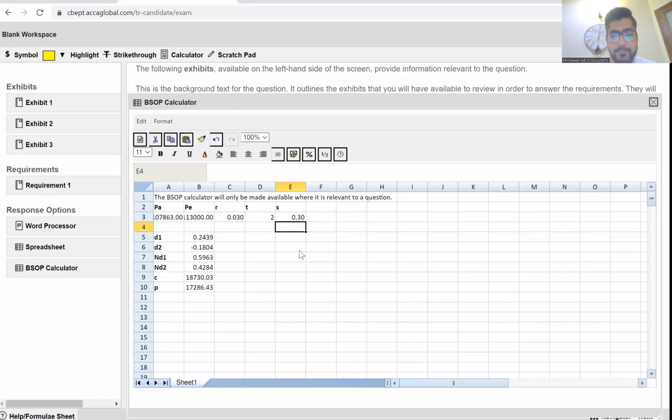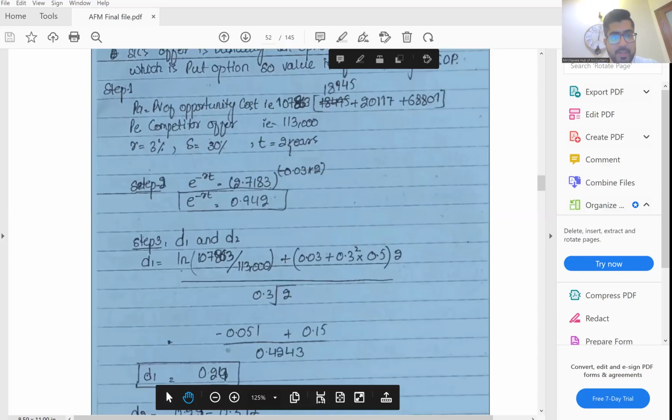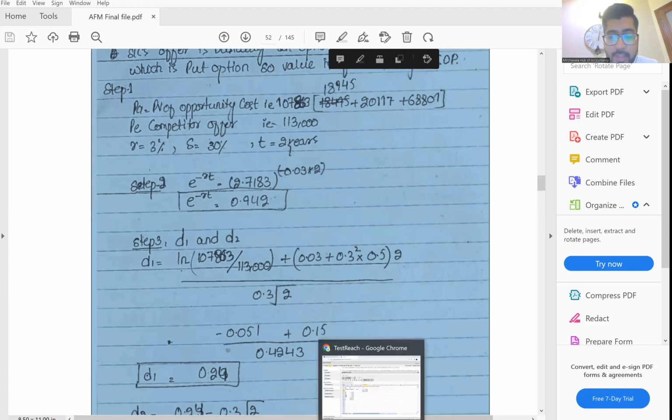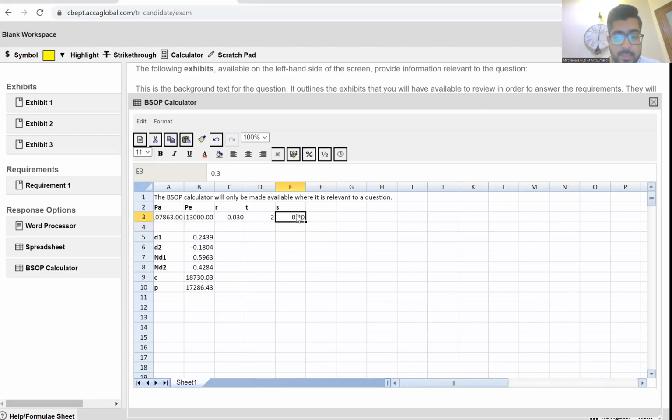Okay. Enter. Now you see, after writing PA, PE, R, S, T, I had to do step 2 manually on paper, then D1, D2, then ND1, ND2 by looking at the distribution table, and then call and put value. In the BSOP calculator, I just put all these things and pressed enter.